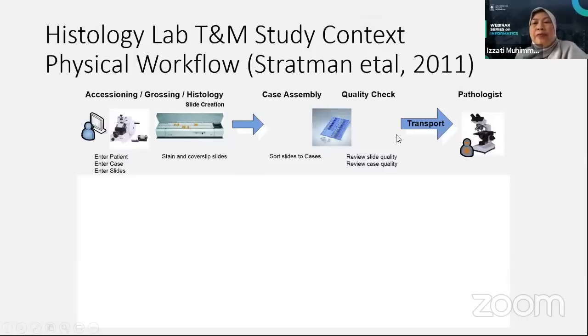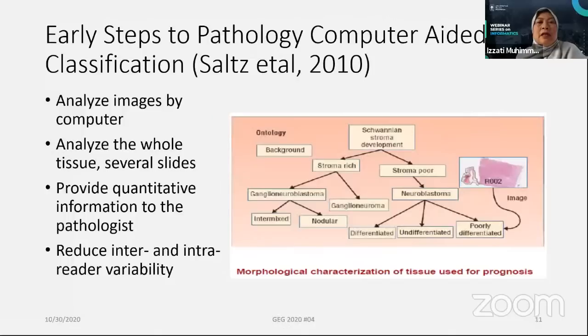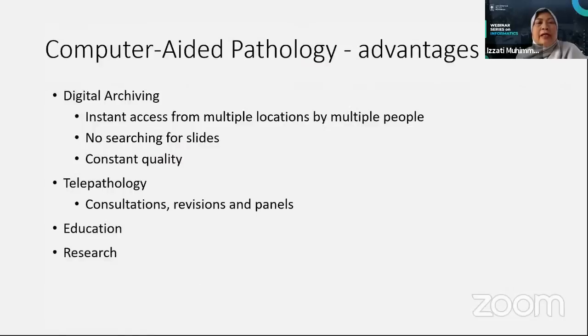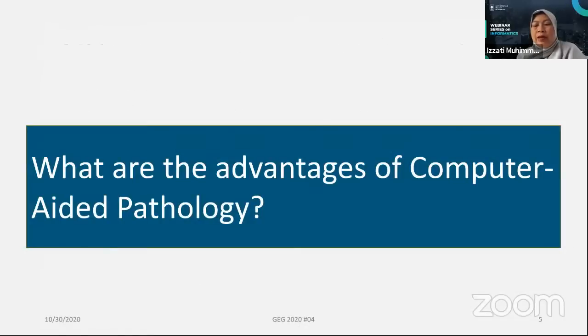And before a pathologist can read under her or his microscope, this process needs to be labeled, have a quality check of the quality of the stain, and then be transported to the pathologist. This workflow still remains in Indonesia in that way.